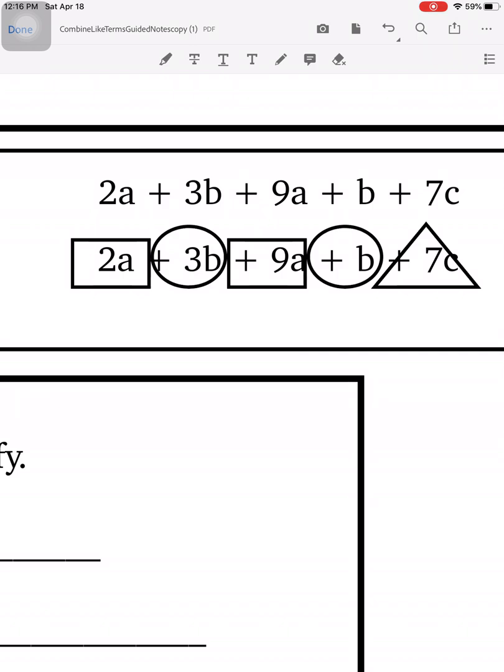Then we use a positive 3b. Remember, the sign goes with the term, so positive 3b and positive b are the same. Anytime you have a letter or a variable by itself, one is always the coefficient. So one is always the number that goes with that variable. And then we have positive 7c by itself, and there's no other c, so that would be alone.